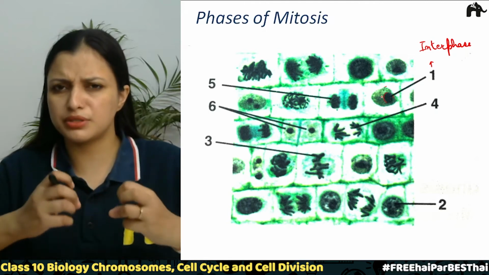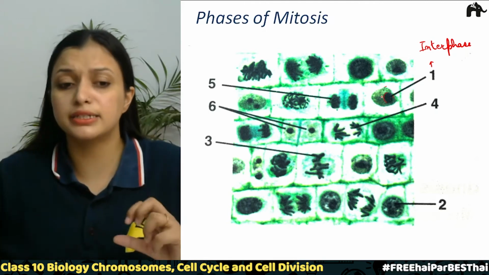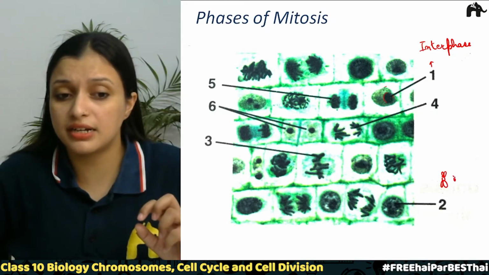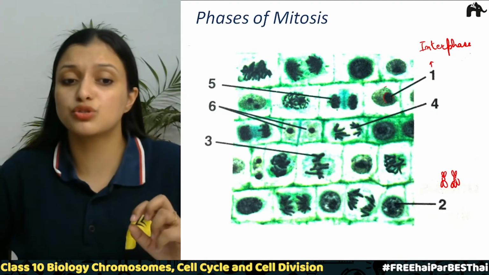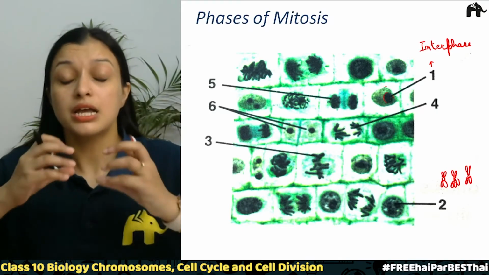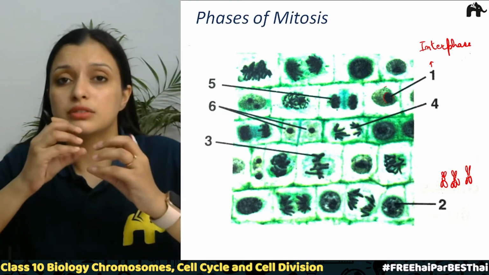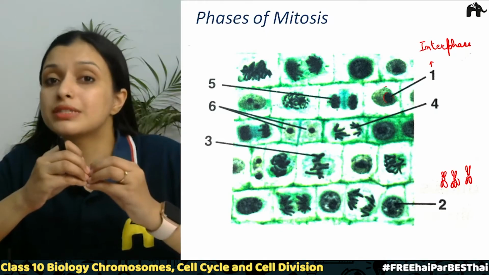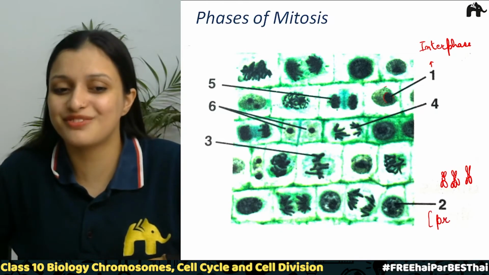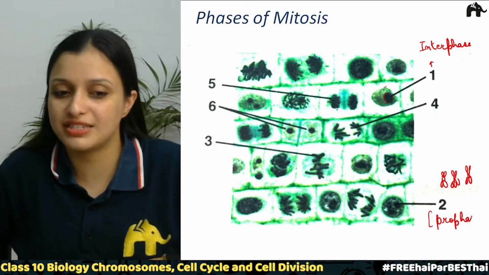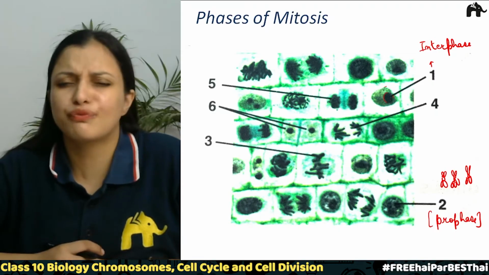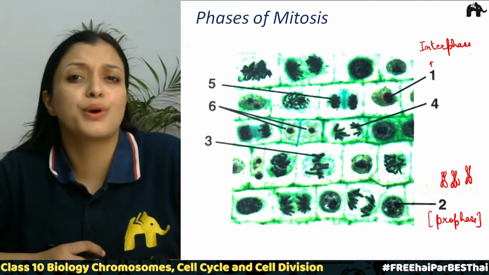The chromatin fibers are not very entangled, and the chromosomes have started becoming short and thick. The sister chromatids are attached at the centromere. Which phase is this? This is prophase.